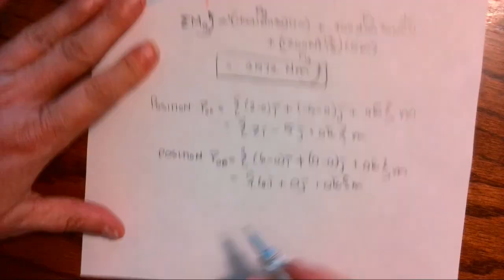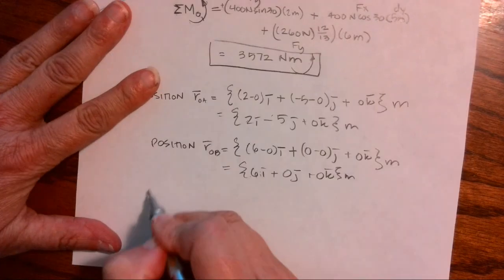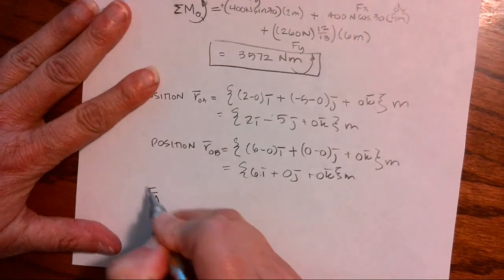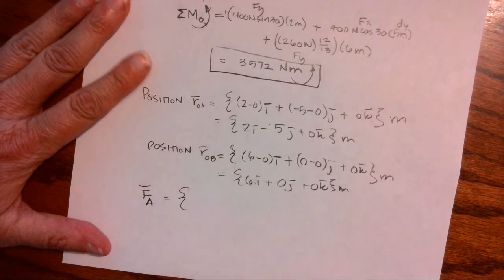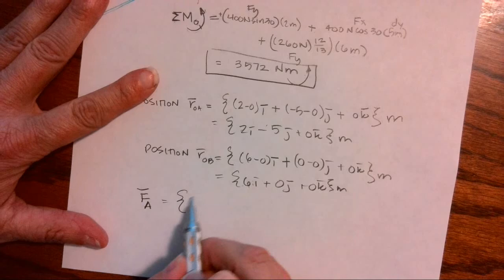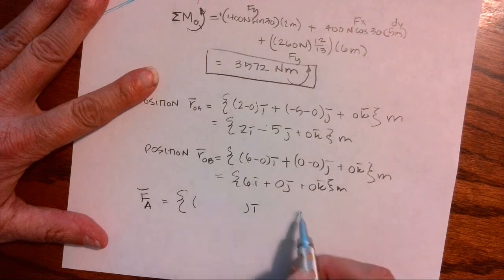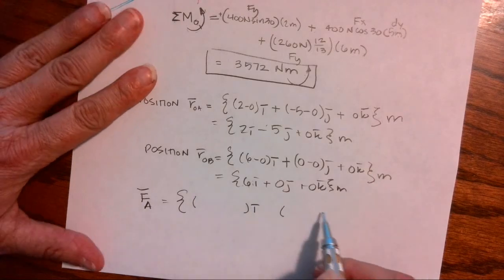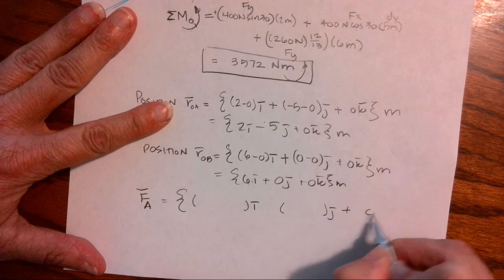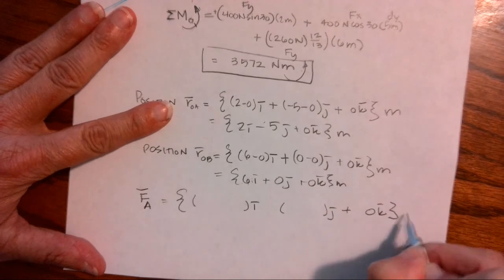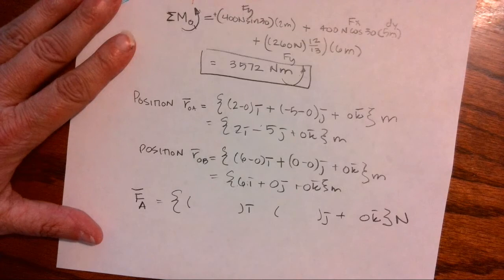So now we need Cartesian force vectors. So let's look at vector A, Cartesian force vector. And what we want to remember is that it is letting us know the x component, the i component, okay, j, and then we are in 2D, so we have 0k, and we are looking at newtons.